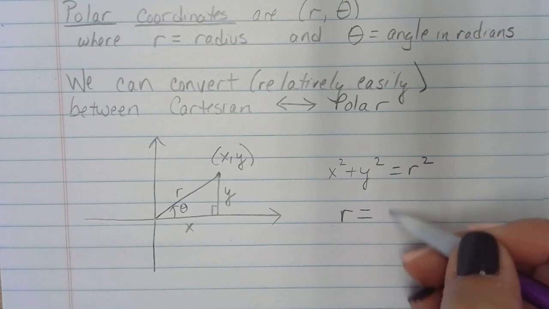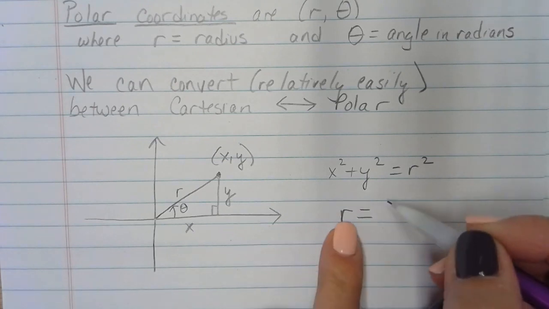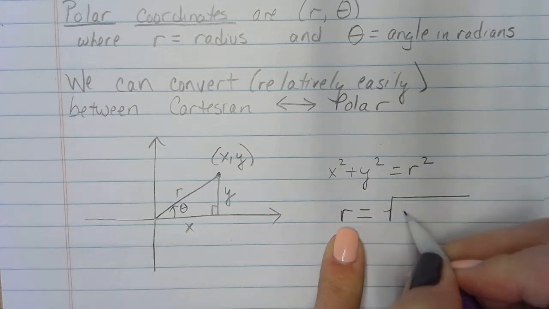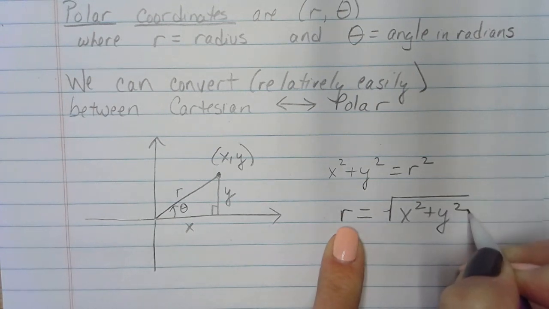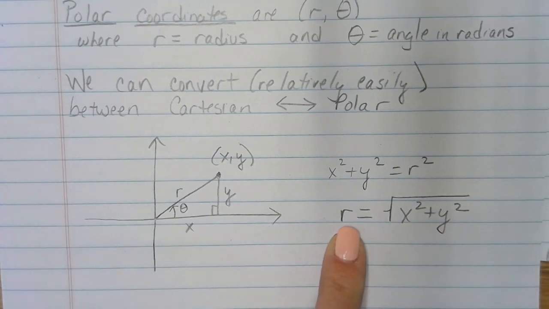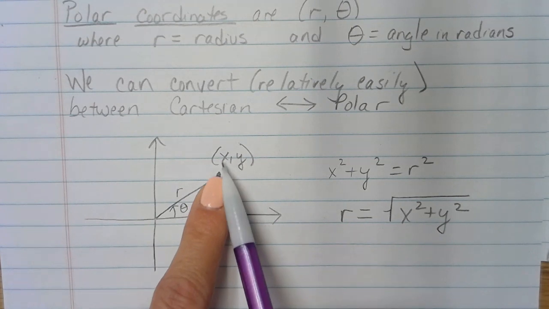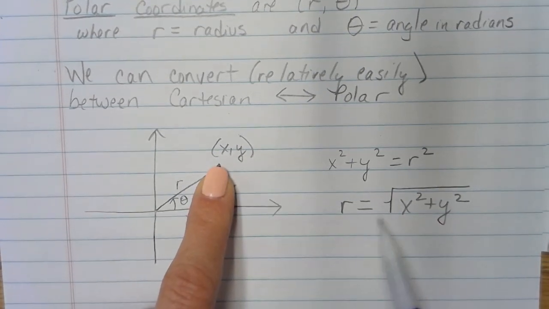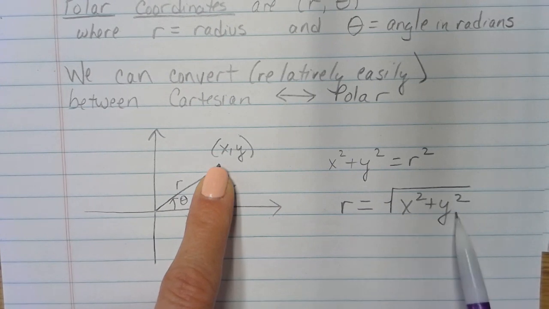We know we need it to be thorough, but because we're representing a radius, we're not going to write it down. So r is equal to the square root of x squared plus y squared. If we're given any point (x, y), we can find the first half of our polar coordinate by taking the square root of x squared plus y squared.